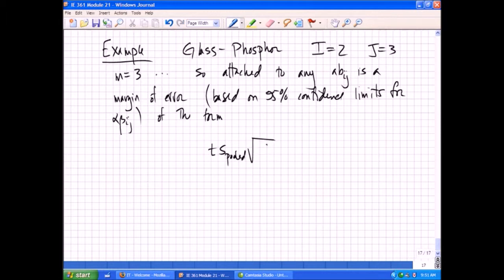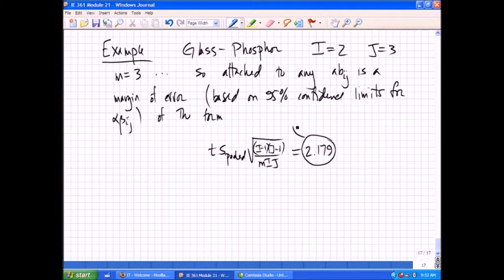times the square root of something that's going to have a formula that comes out of that table, and for the interactions this is going to be I minus 1 j minus 1 over mij, and that means that we're going to take 2.179.